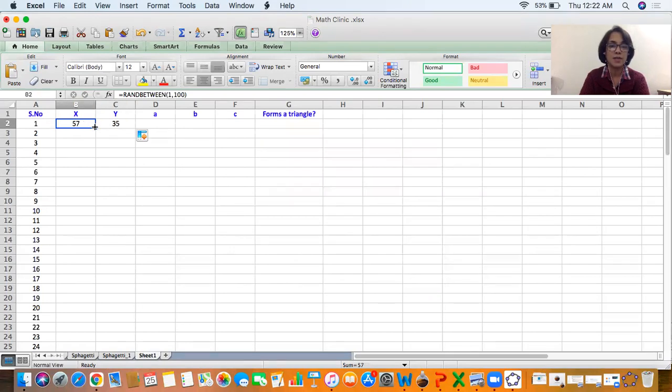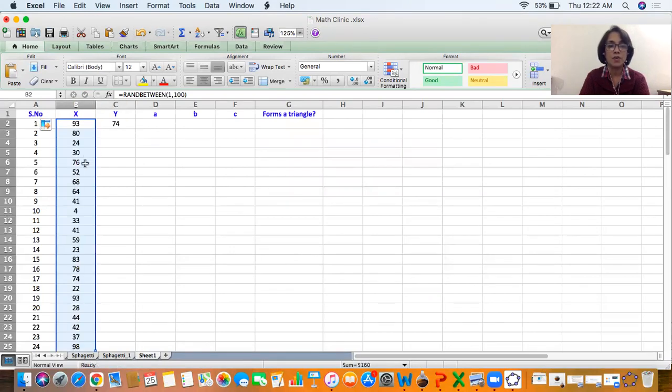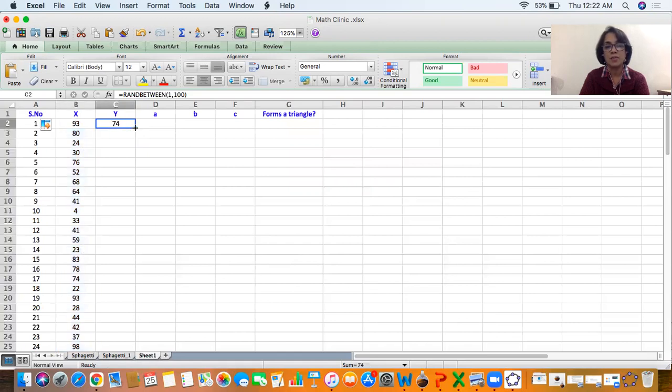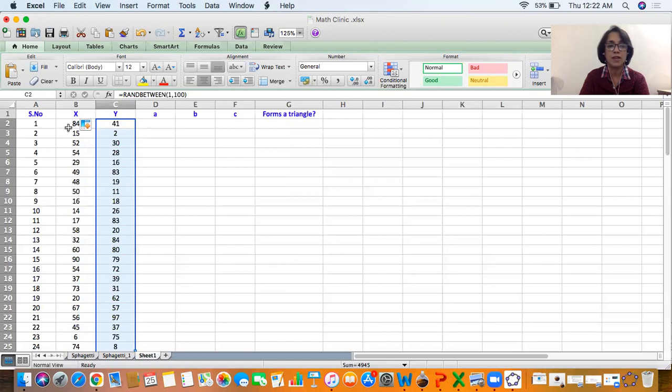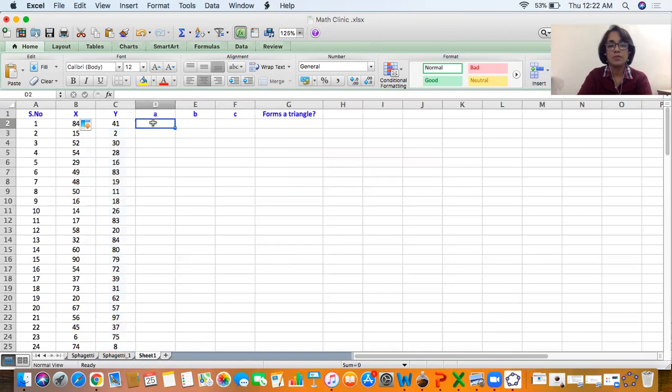Now suppose I double click here, I will get all possible values of X, and if I double click here, I'll get all possible values of Y. Each row will represent one spaghetti stick. So let's take the first case. Now, what will be A? The condition that will help us simulate the length A says if B2 is less than C2, then the output should be B2, else it should be C2.